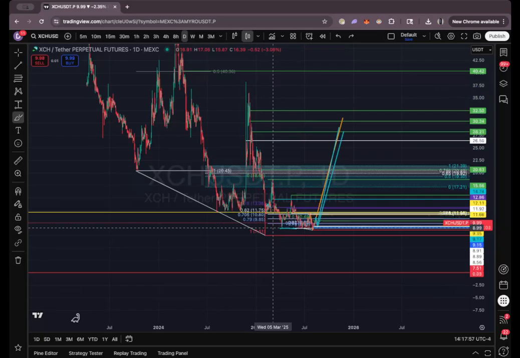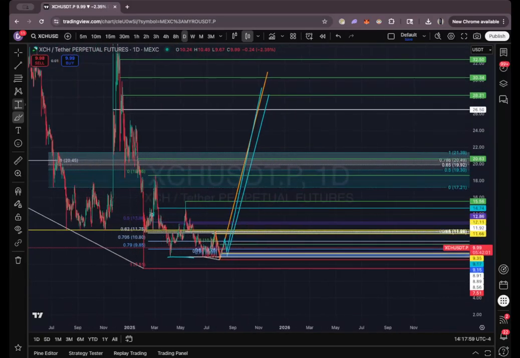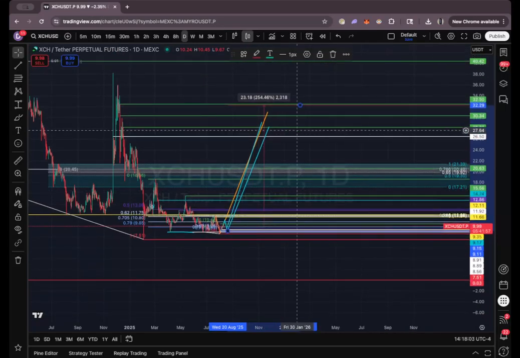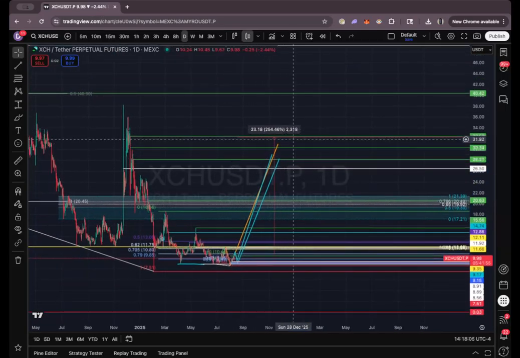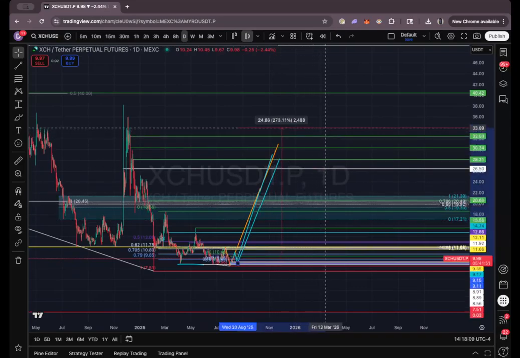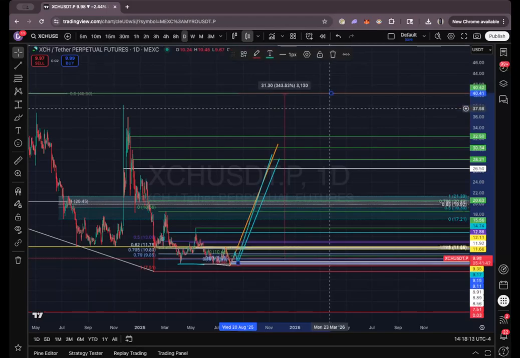So now is the time to accumulate. So with this one, even this first leg up is going to be a 250% move. And that's a conservative estimate, honestly, guys. It could be 20 to 30, but like 200 to 500% is kind of my conservative average here.